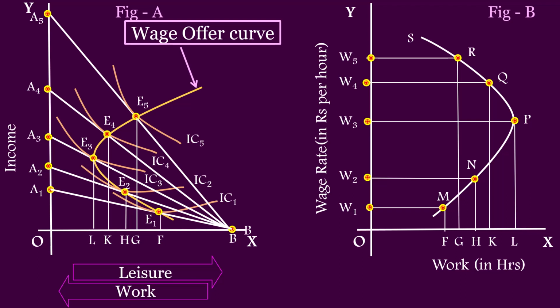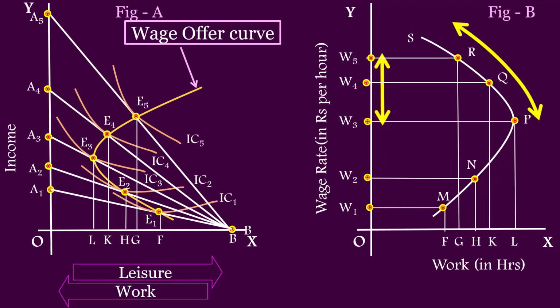It is bending backward. Up to the wage rate W3, the curve is sloping upwards because the positive substitution effect is stronger than the negative income effect. The laborer substitutes income in the place of leisure.